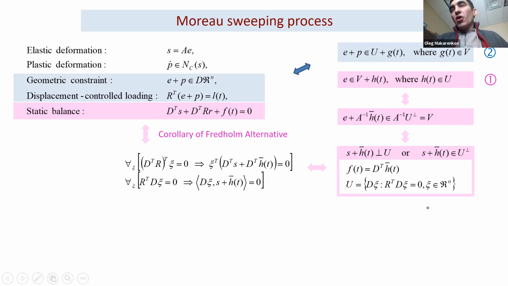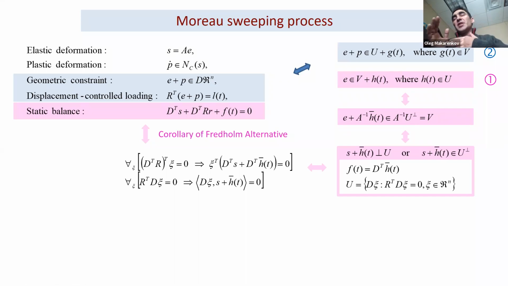Since we got some space capital U, now we start to elaborate based on this space. We got some space capital V, which are orthogonal in a certain scalar product, which involves this matrix A minus 1.